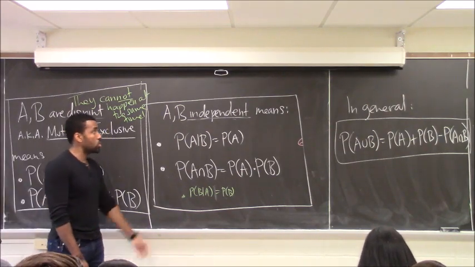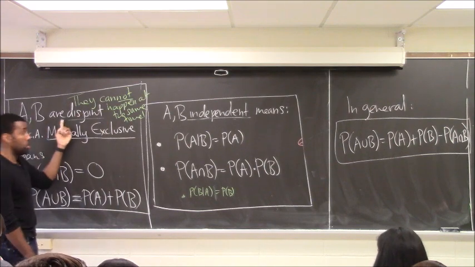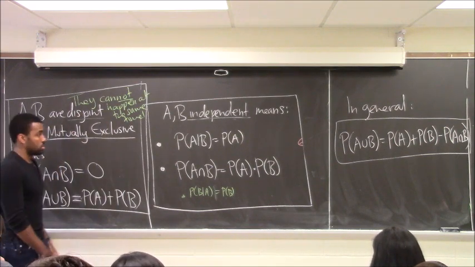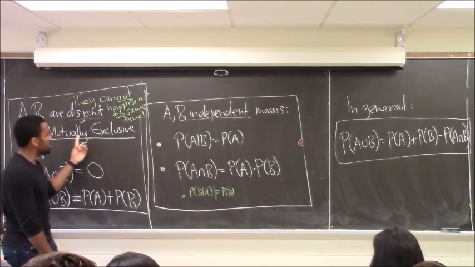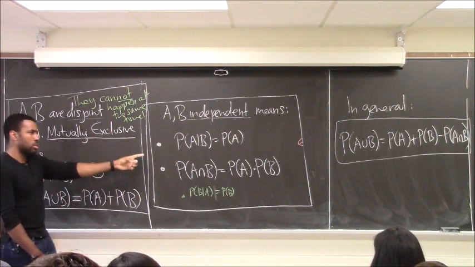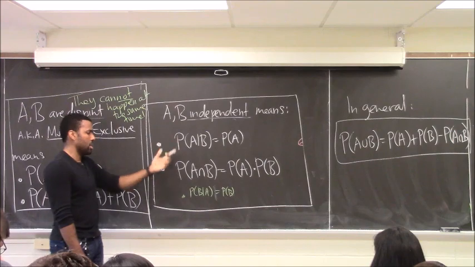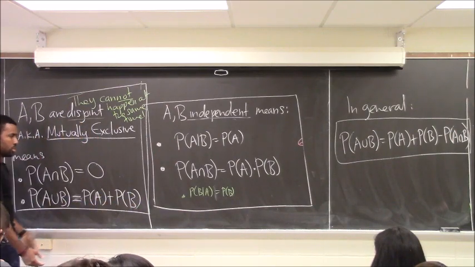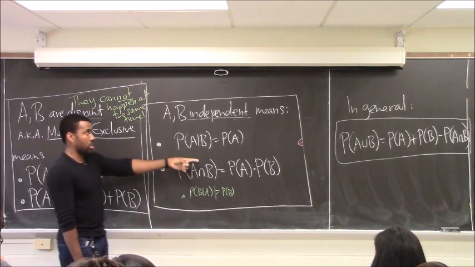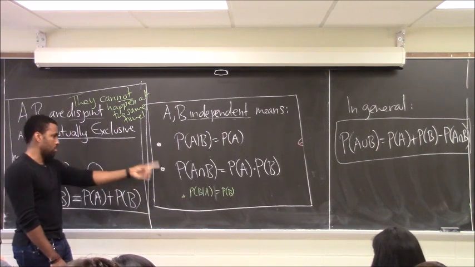You need to make sure you are in the right situation. This one tends to be more obvious. That one isn't. Usually it isn't obvious. There are times when things might depend on each other that you would never think would actually depend on each other. So this isn't obvious at all. So definitely be careful with this a lot.